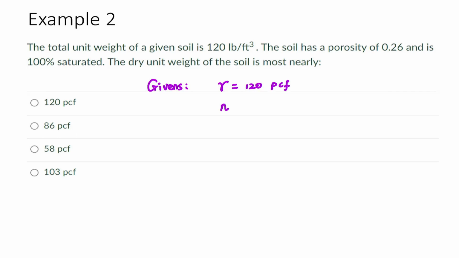We have the porosity, which we denote with a small letter n, is 0.26. And we know the soil is fully saturated. And the question is, what is gamma D?